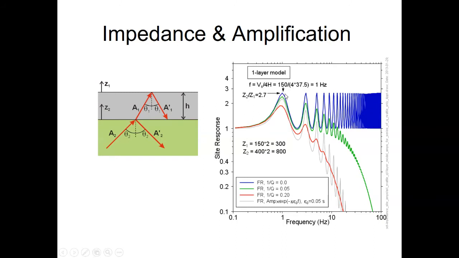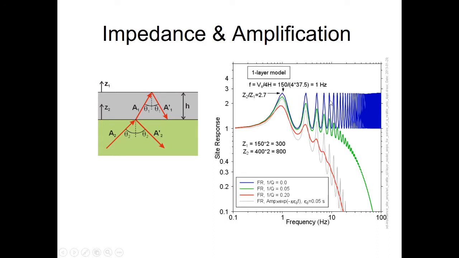Another term to introduce is what we call Q. Q is a quality factor that describes how energy is attenuated in the material. If you had no Q, if energy was not attenuated, you would get resonance. You'd get a fundamental peak from the resonance, and then you would get what we call overtones.